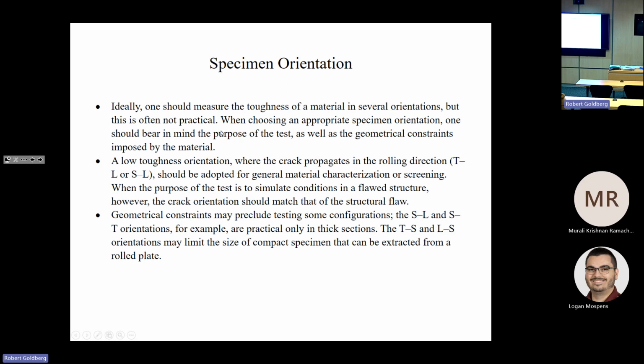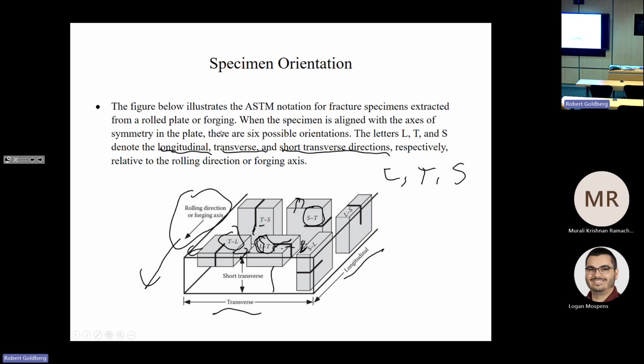And as I mentioned, geometrical constraints. Now, conversely, the low toughness orientation, so transverse to the rolling direction, is something where, because those are directions where the material is weakest, those are going to be your most likely orientations where you're going to have problems, because the material will be strongest along the rolling direction.